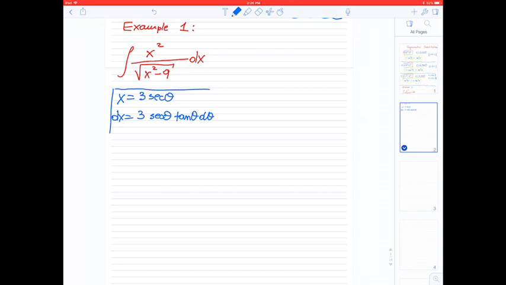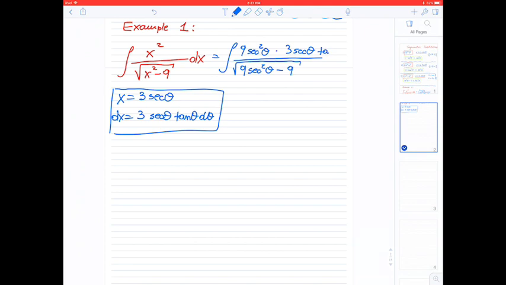Let's put everything in the integral. x squared will give me 9 secant squared theta, and the denominator is the square root of 9 secant squared theta minus 9, and dx is 3 secant theta tan theta d theta.